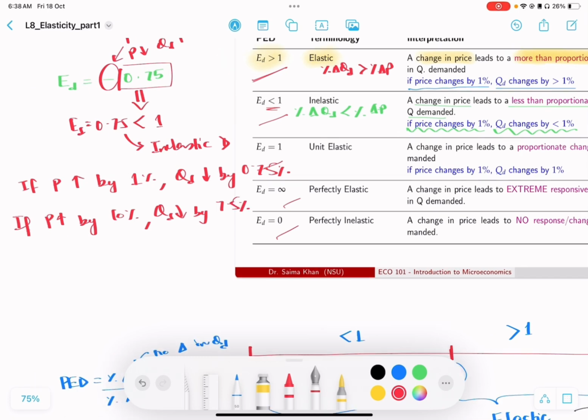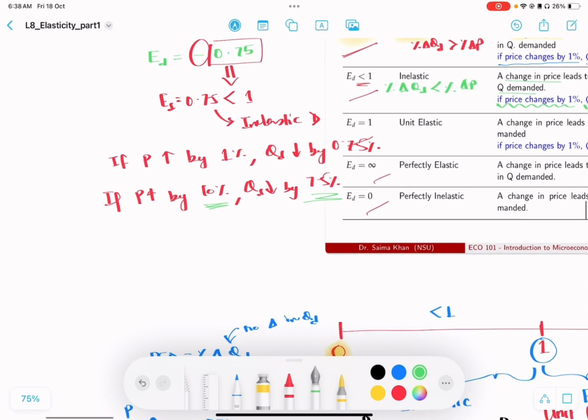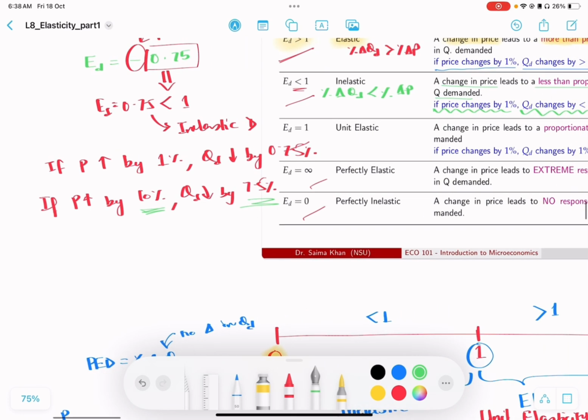Right? So it is always whatever is the change in price. Look, the percentage change in price is 10%. This is less than 10%. Okay? So this means that you are dealing with inelastic demand. You're dealing with customers who are not very responsive to a change in price.